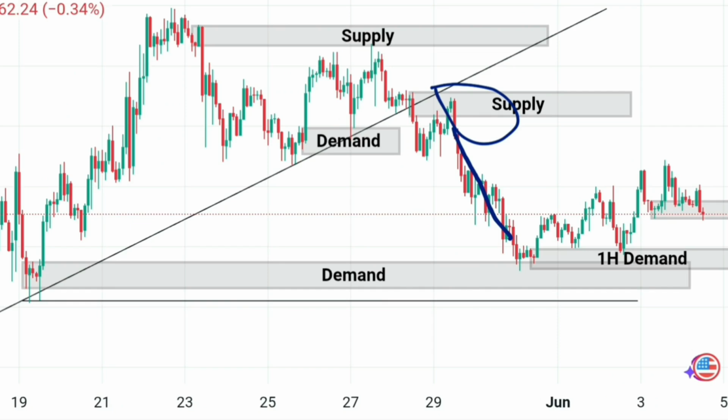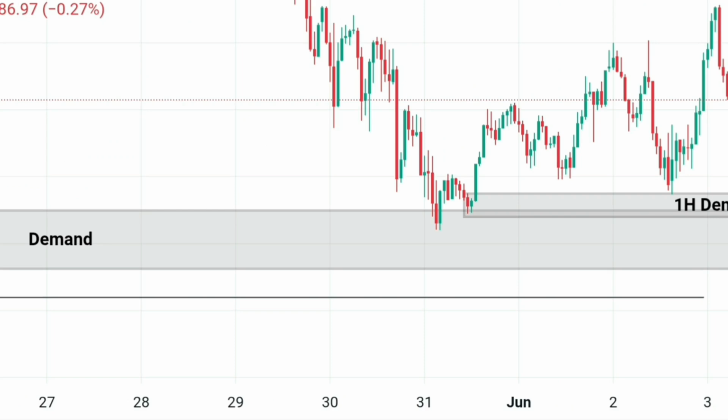Already I've showed you the reason why this is a demand level. This is a massive bullish candle, and the last candle before the massive bullish candle is the beginning of the demand level. When the market came back to this demand level, it respected it. First of all, let's go down to the 1 hour time frame. You will understand this better there.